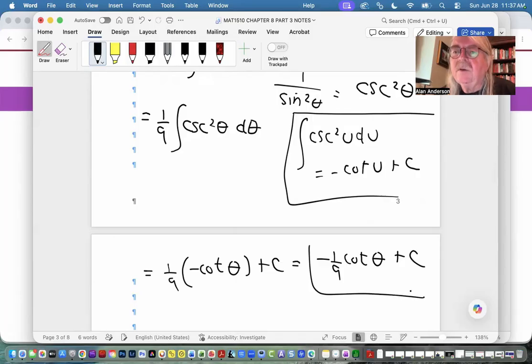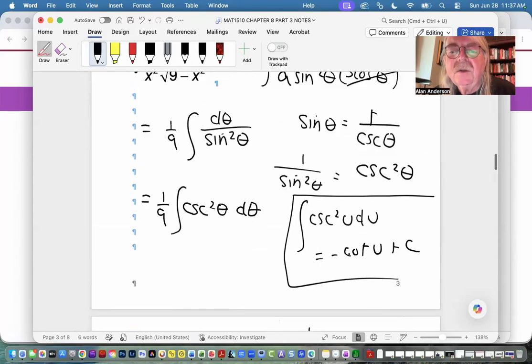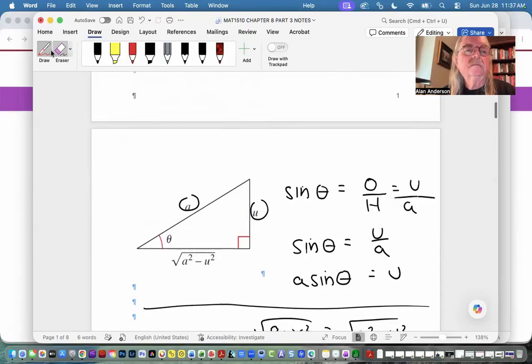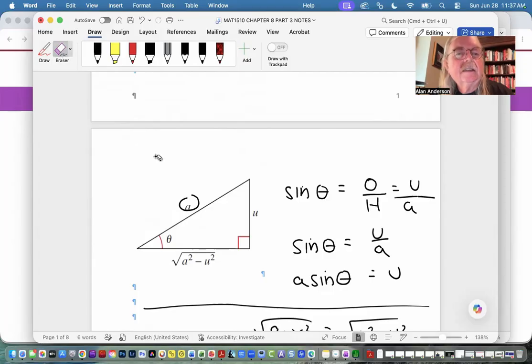Now, you might think we're done, but the problem here is that this is a function of theta. We need a function of x. So let's go back and get our diagram and revisit this. Sometimes this eraser just doesn't want to work.